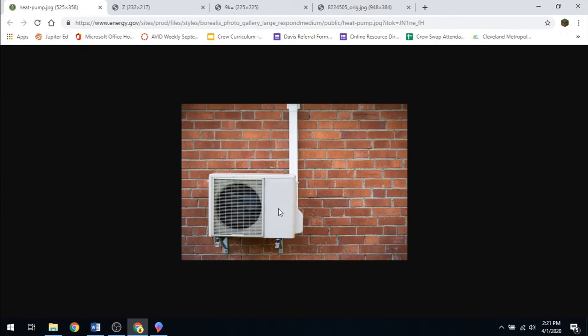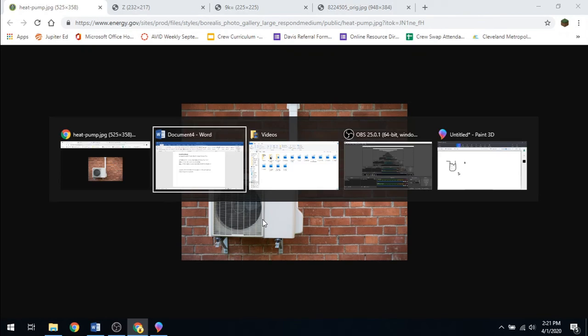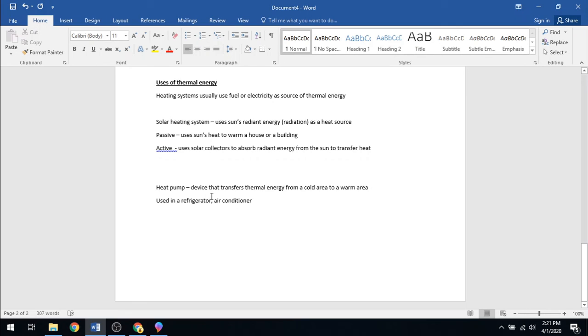So, for example, this air conditioner here pulls heat out of the inside of the building and pushes it outside of the building. Same thing in a refrigerator, it will pull heat out of the air and push it away somewhere else. So if you like having a refrigerator or an air conditioner, the heat pump is super important.